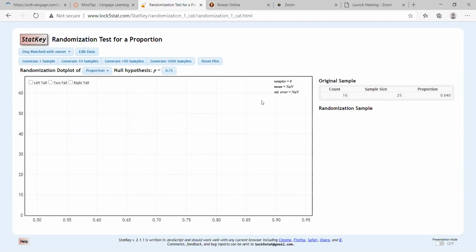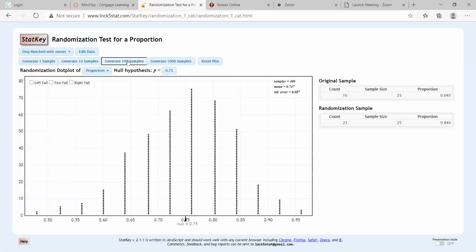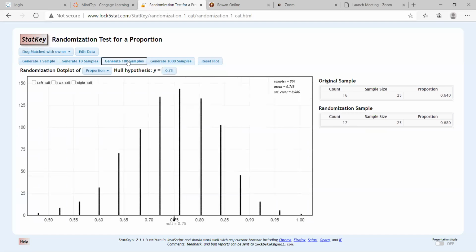All right. So we're going to generate some randomization samples. Let's generate maybe 800 of these, 800 samples. All right. And we're going to do a left tail test in this case here, because our alternative hypothesis is that P is less than 0.75. We'll click the left tail test, and then we're going to replace this number down here with 0.64.